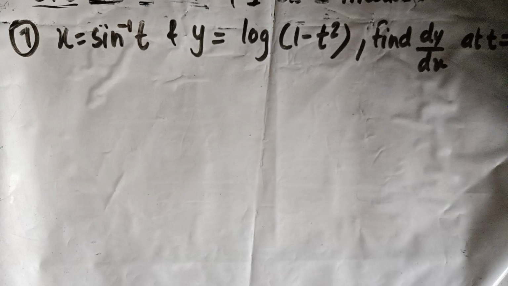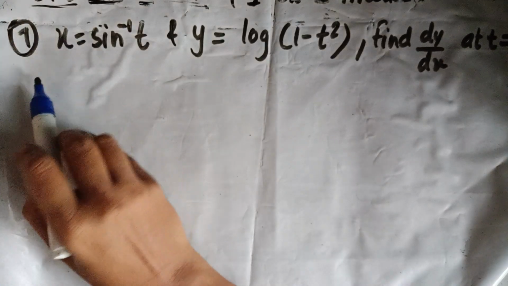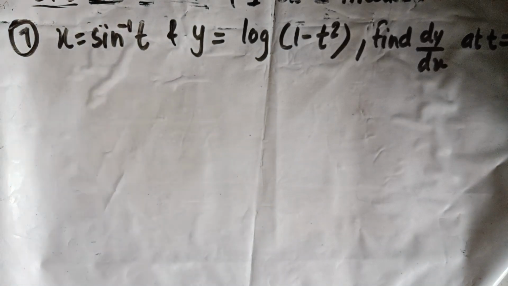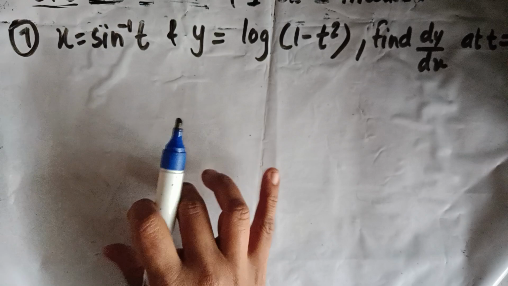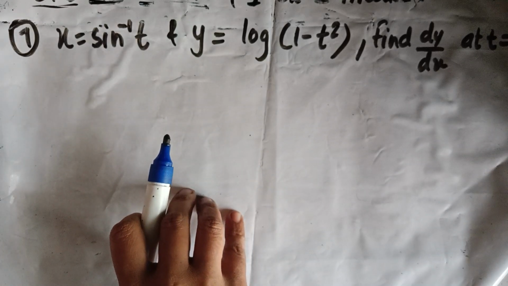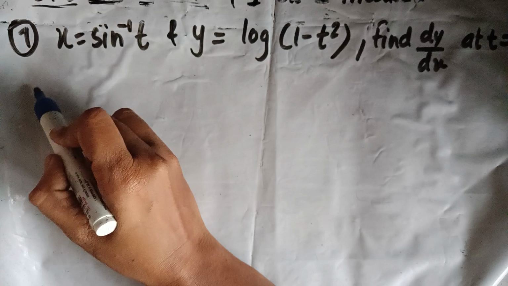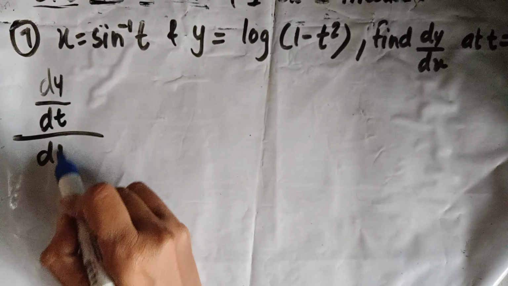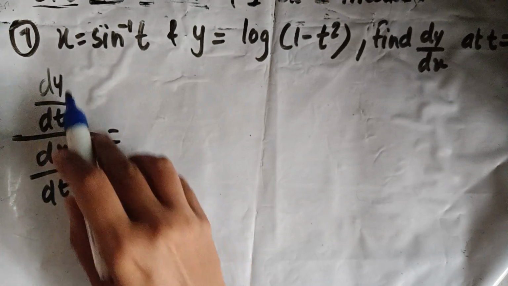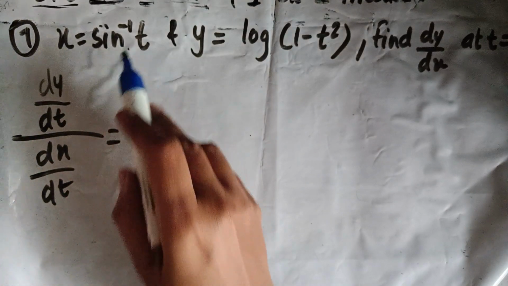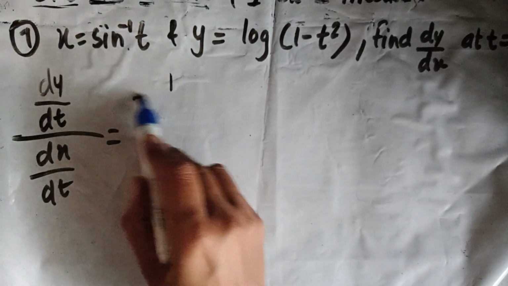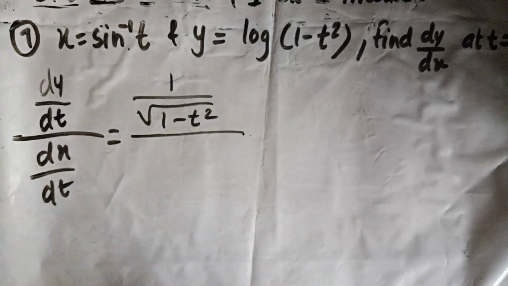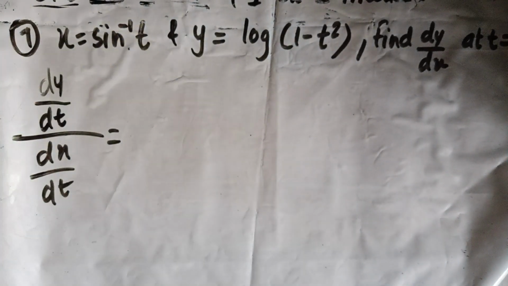Next question, here x and y are given. So you have to find dy by dx. This belongs to parametric equations. That is, you have to first find dx by dt and dy by dt. So I'll directly write dy by dt divided by dx by dt. Okay. So the derivative of x, sine inverse of t, is 1 upon root of 1 minus t square. Then, sorry, first you have to write y.